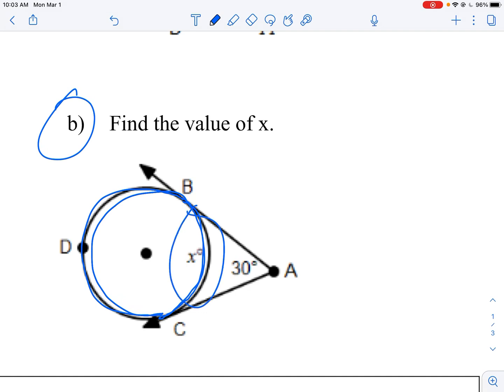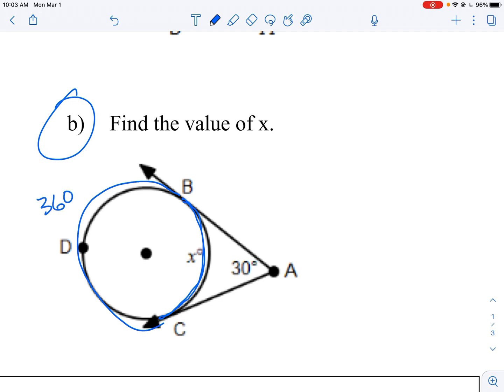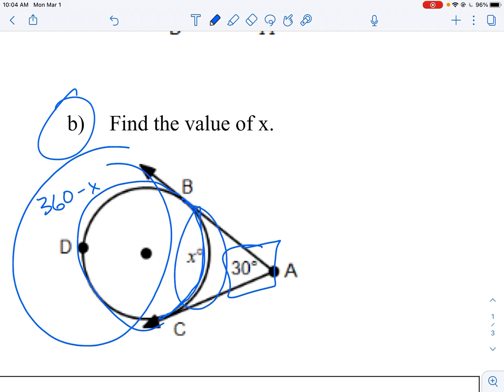Well, this part's x. This part over here, well, that's the rest of the circle. And circles have an arc measure of 360. So I can subtract off x, and that's the outside part. Well, that means this angle is equal to the big one minus the small one cut in half. And that makes an equation.